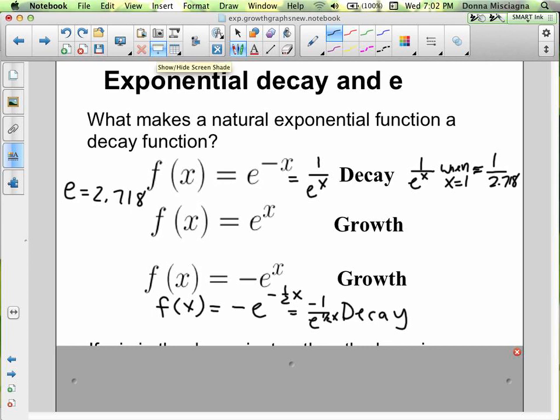Right? That's smaller than a half. Right? So we're getting closer, right, to the x-axis. And if x gets larger, right, if I square it or I cube it, or it's 3 or it's 4 or it's 5 or it's 6, that value is going to keep getting smaller and smaller because my denominator is getting bigger and bigger. Right?